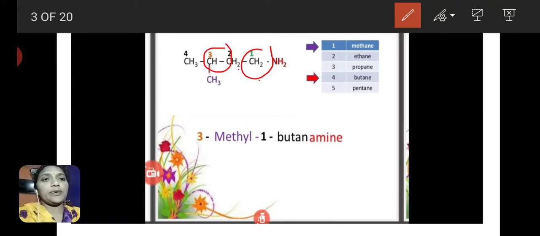The third carbon is having a methyl group, and the first carbon is having the NH2 functional group. Then we give the name 3-methyl-1-butanamine. The first priority is for the nitrogen, then the alkyl substituent.